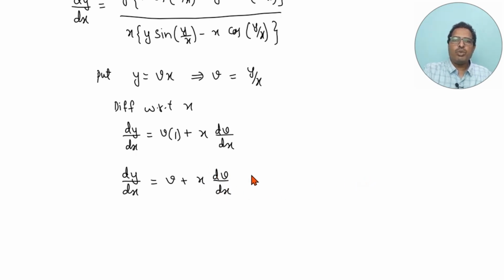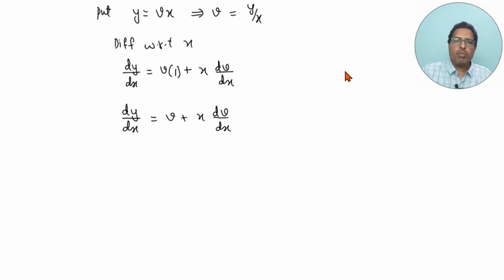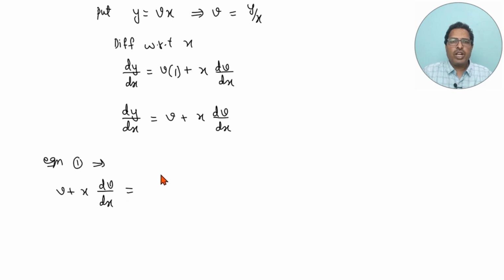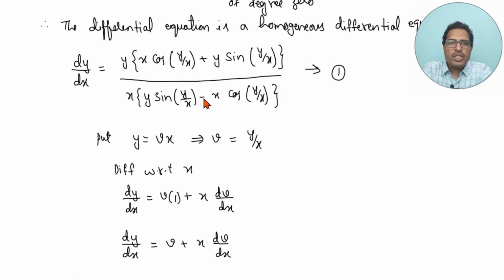Let us substitute this back into the equation. You can take this as equation number 1. So equation 1 implies dy by dx, which is nothing but v plus x into dv by dx, equals, on the right hand side, y is vx times x cos y by x.